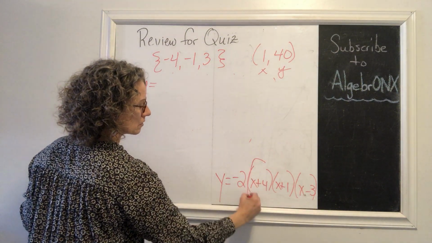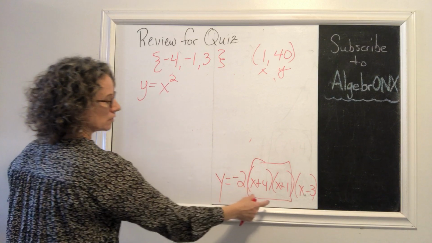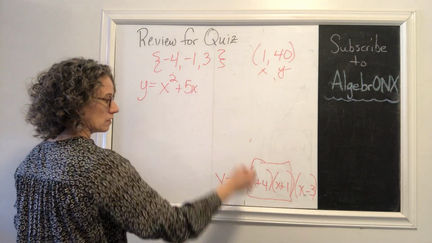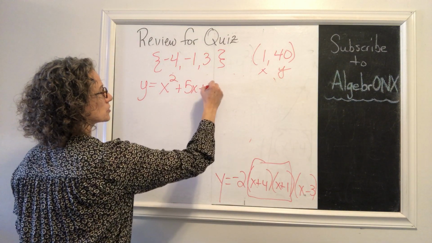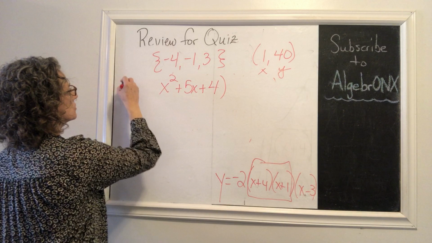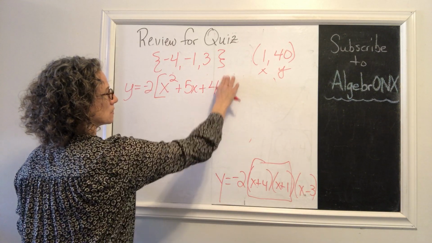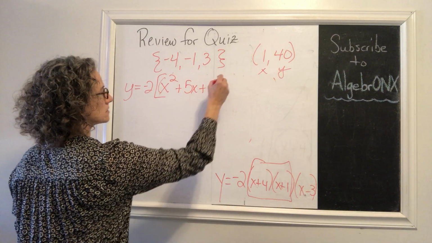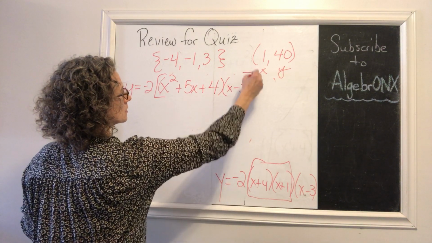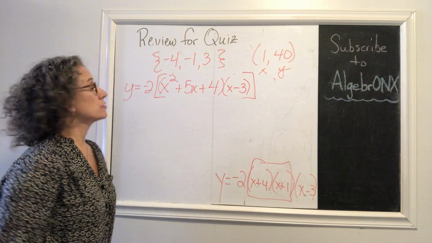I'm going to grab these two first. That would equal x squared, 4x and 1x make 5x, plus 4 times 1, which is 4. Oh, I had a negative 2 out there, so let me squeeze that in. I'm going to multiply that by x minus 3. In the last step, I'll distribute the negative 2 in.